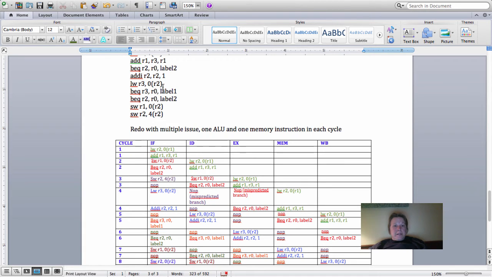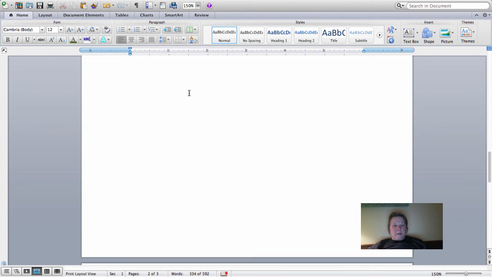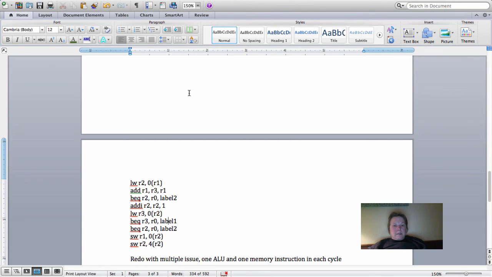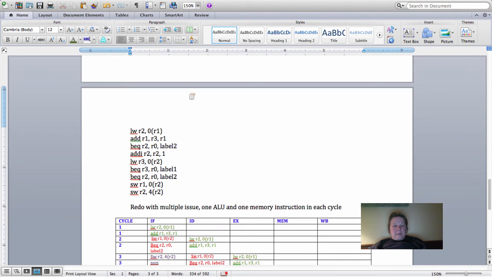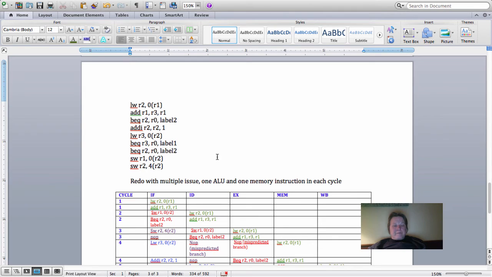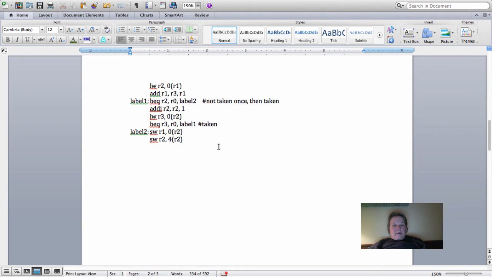The next one, we are going to load the branch and go up to label 1. But when we go up to here, the only load available is this, and that would be a hazard because we would need the result of this addi.